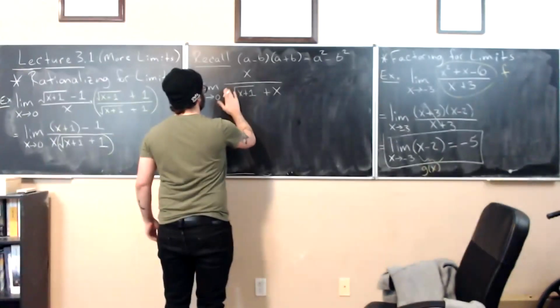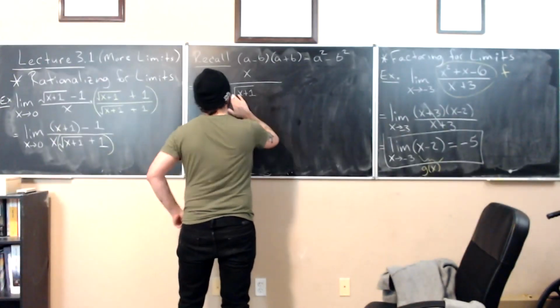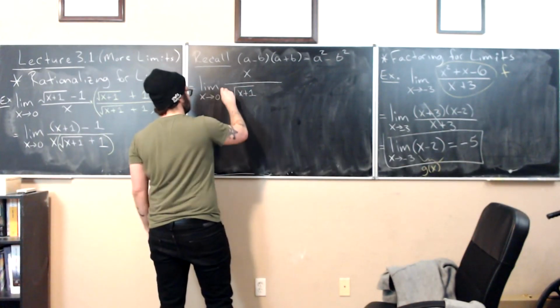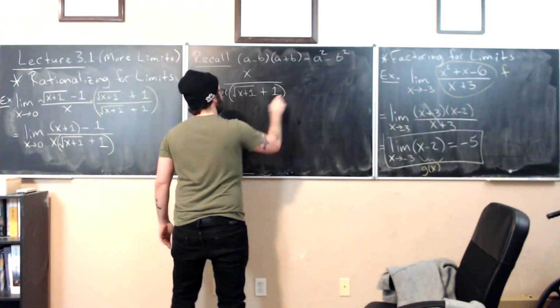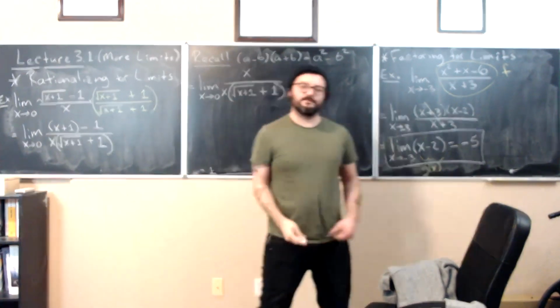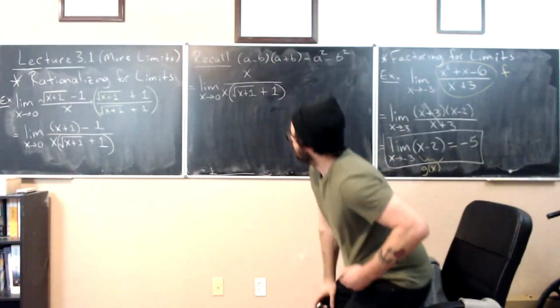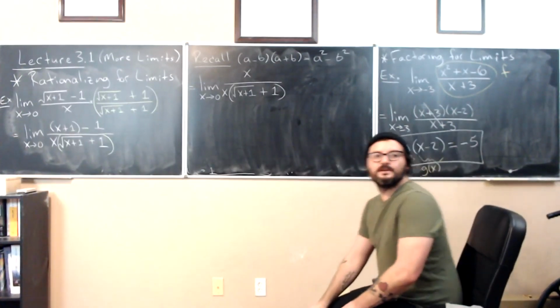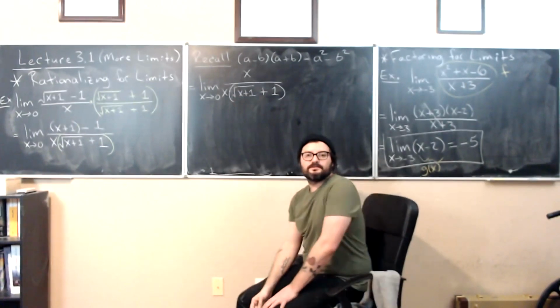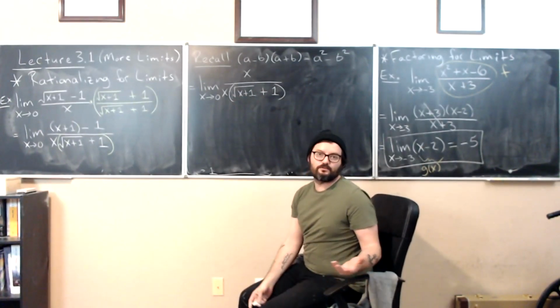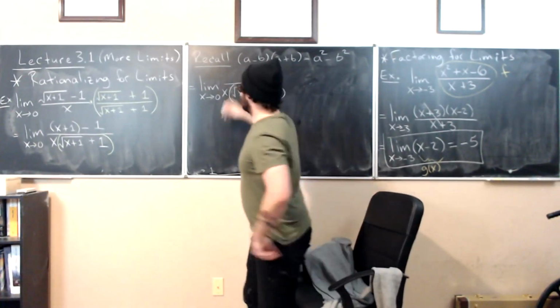So if I write it that way, which again, it's equivalent, like that, then everything becomes okay. Why is it okay? Well, notice that we have x divided by x. X divided by x is just 1, so we can cancel those x's out.